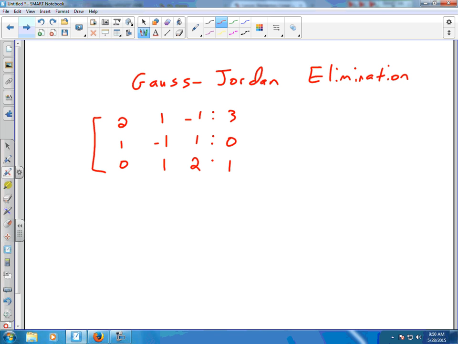And in the book, they don't put the colons in, but that is augmented, so let's put it in there.